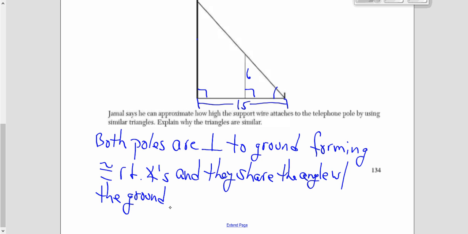So how do we sum this up? So they are what? By what? So they're similar by angle. So the triangles are similar by angle. Okay?